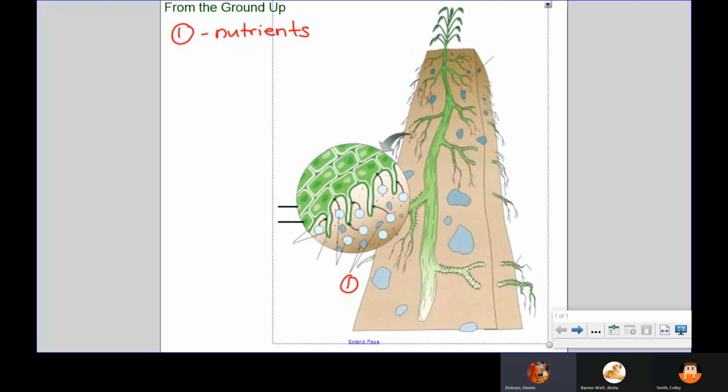Okay. So the first thing we need to know is that these things here, these are nutrients, and they get dissolved into the water here.